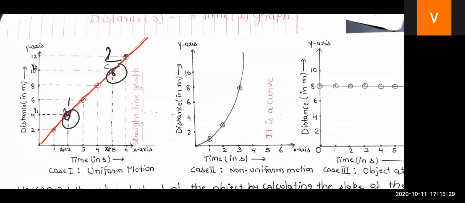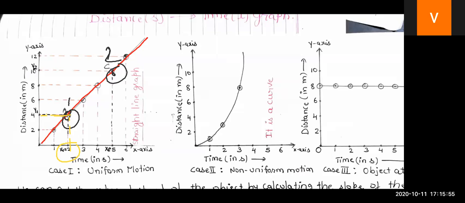Now from point number 1, I will draw a dotted line on the x-axis. So this gives me the value of x1. Because I have drawn from point 1 and it is on the x-axis, it gives me the value of x1. So x1 value is 2 seconds. Now from the same point 1, I will draw a dotted line on the y-axis.